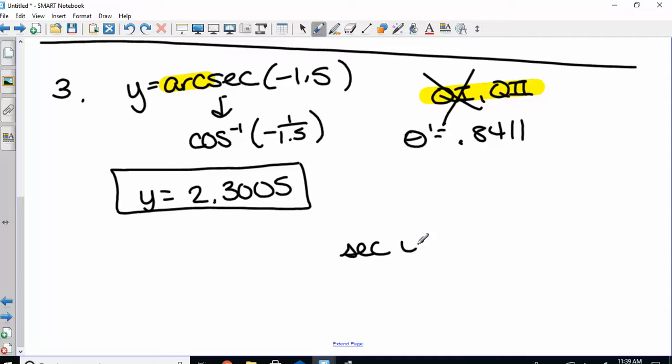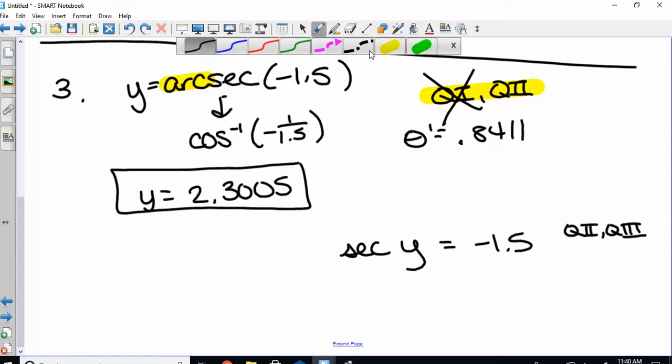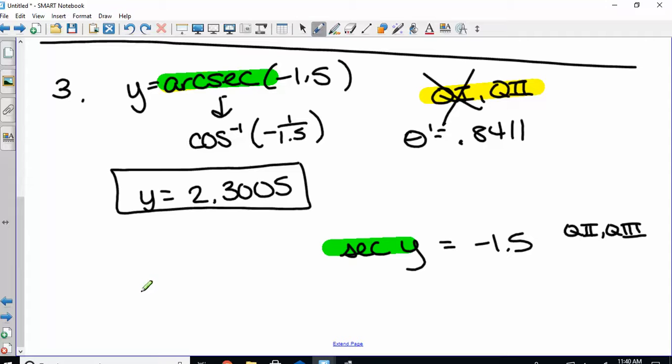Yes. Then you would tell me every time secant is negative, which is quadrants 2 and 3. So you will get two answers. This is one of them, but you would have a second. So that's the difference. Because this original problem does not have an inverse, you give me both answers. If the original has the inverse, there's only one.